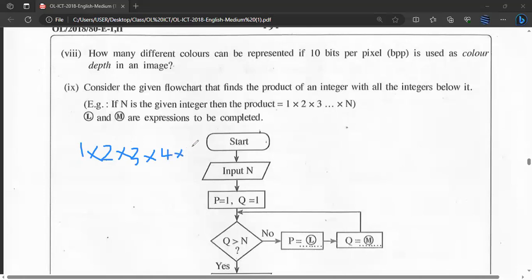Suppose if n is 6, 1 into 2 into 3 into 4 into 5 into 6, okay? Right. Now, let us come to this question.